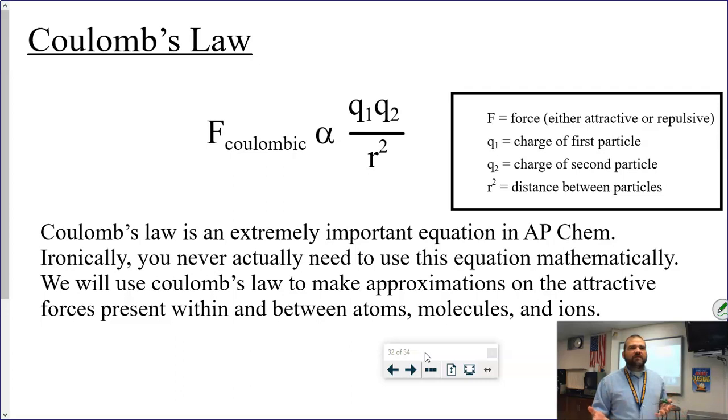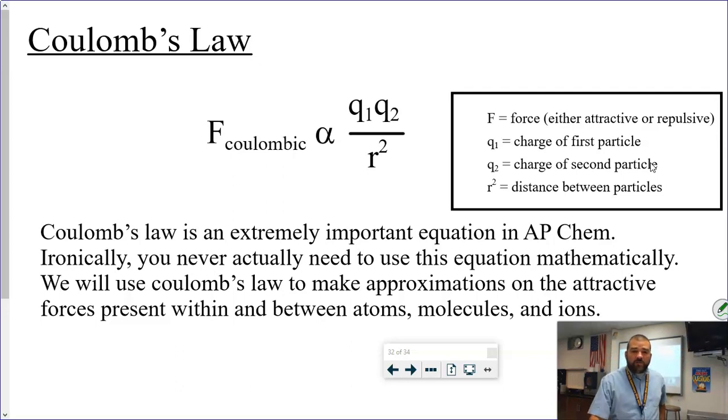We have Q1 and Q2, which if you look over in the little box over here, Q1 is the charge of the first particle, Q2 is the charge of the second particle. These can be positive charges, these can be negative charges, but Q represents the charge of the two things we're looking at. I'm looking at one electron and one proton. Q1 of this one is -1, Q2 of this one is +1, all right?